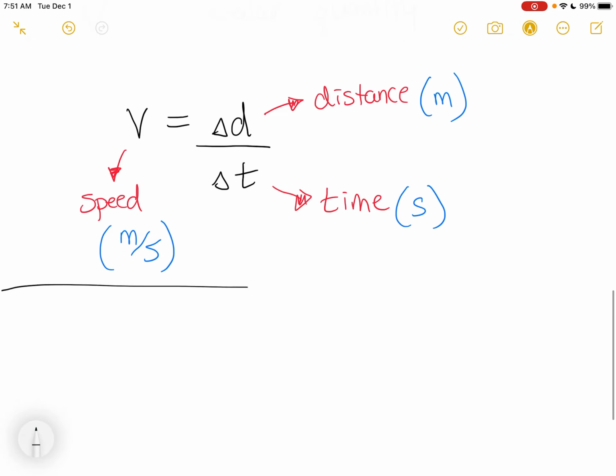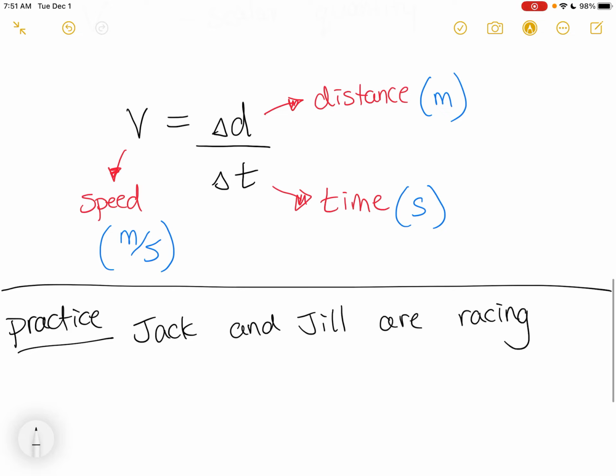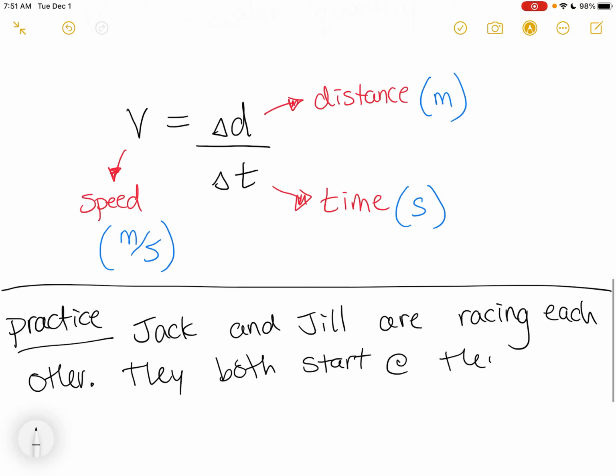All right. We are going to do a practice question that has to do with speed and velocity. Jack and Jill are racing each other. They both start at their house.